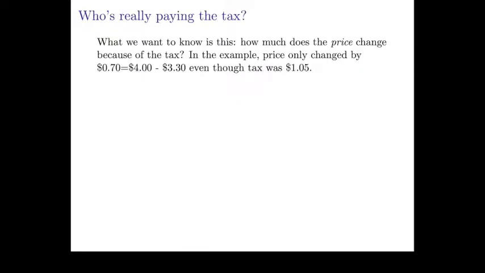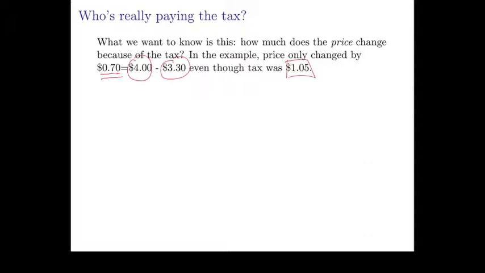What we see here is that the effective price changed. Remember, the equilibrium before there was a tax was $3.30. The equilibrium after the tax was introduced was $4. So the price went up by 70 cents. But the tax was actually $1.05, so the price increase doesn't fully account for the tax.